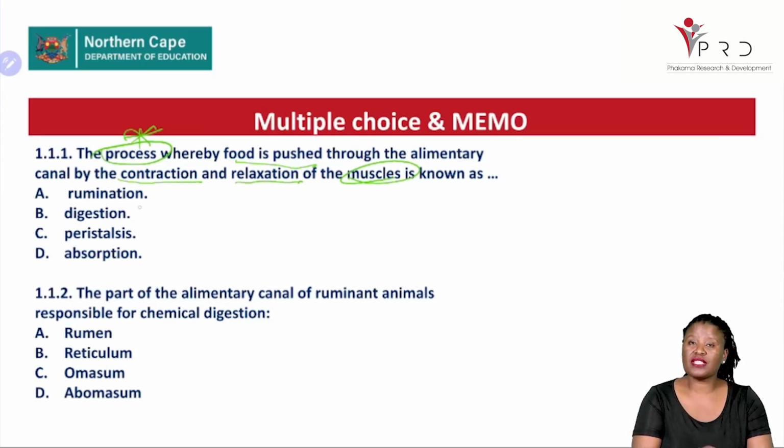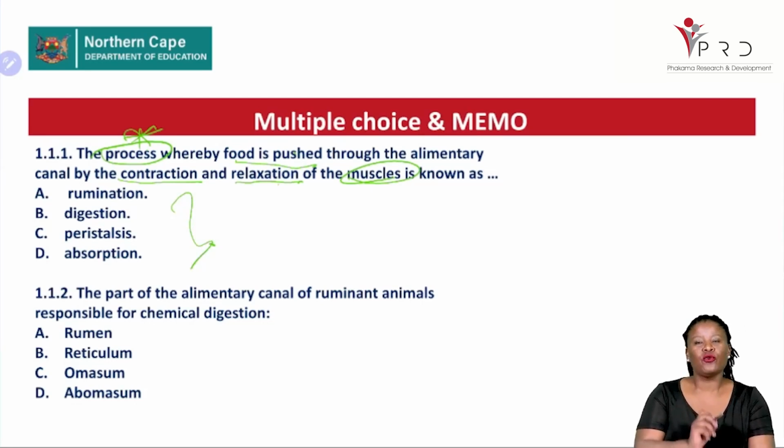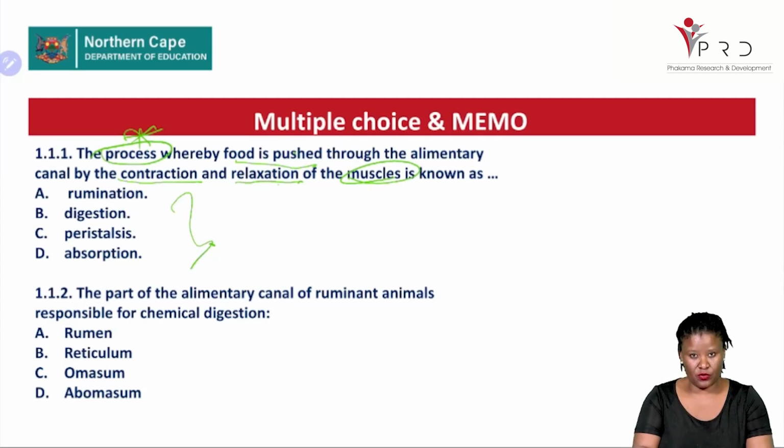Or is it absorption? If you read the statement, it talks about food being pushed through the alimentary canal, where there are contractions and relaxation of the muscles. You have to choose only the correct one.